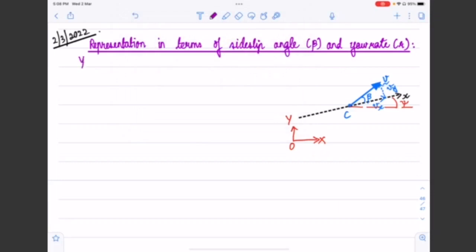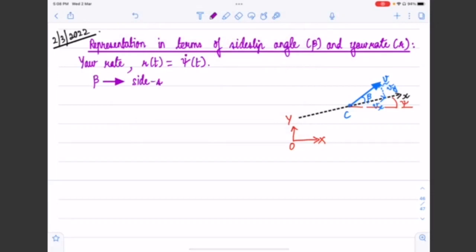The yaw rate is the rate of change of the yaw angle, so yaw rate, denoted R of t, is psi dot of t.